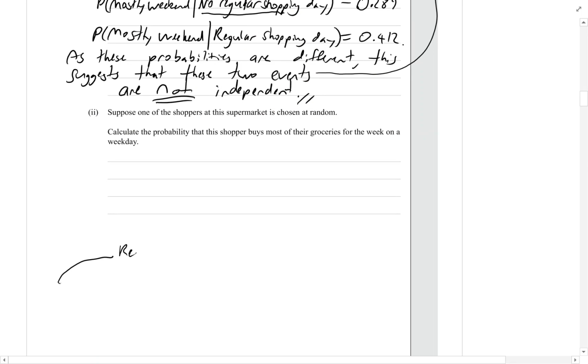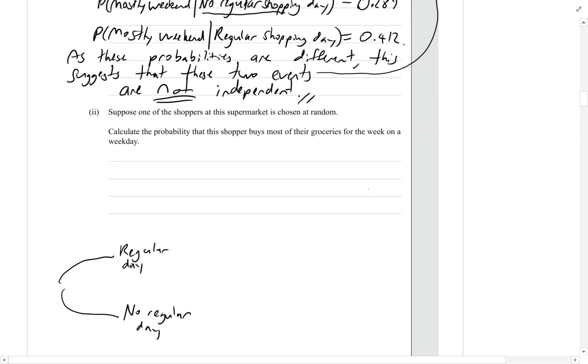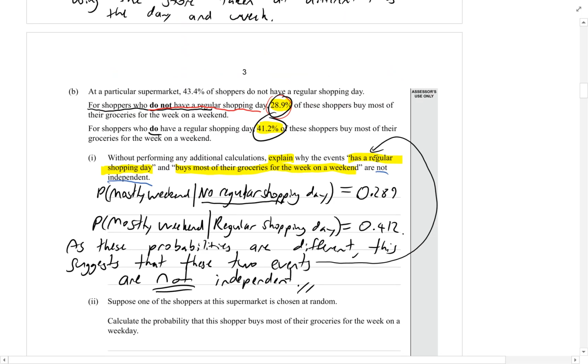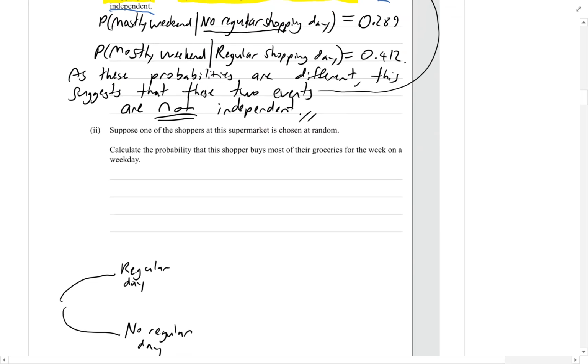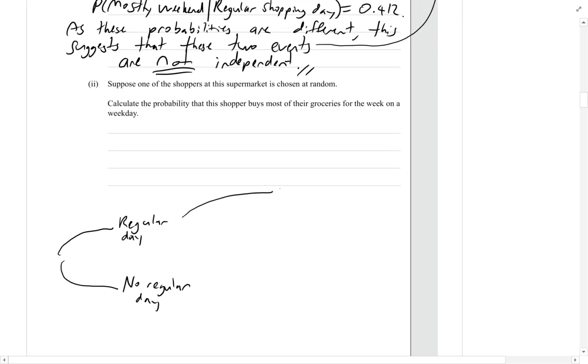Regular shopping day, so regular day or no regular day. And then of those on a regular day, we're told 41.2% buy most of their groceries on the weekend. So mostly weekend or not.